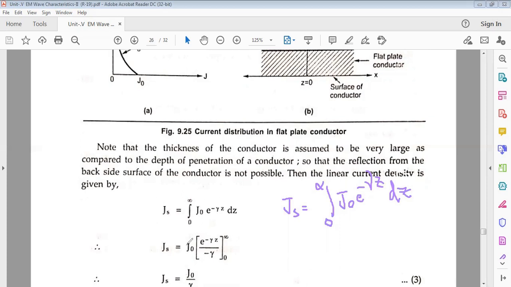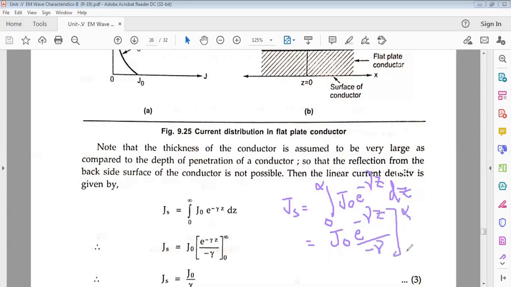The surface current density Js is equal to the area under that J naught into e power minus gamma into Z dz. So with respect to Z, we are applying the integral, and the limits are from 0 to infinite. J naught is the constant, e power minus gamma into Z, and the Z coefficient is minus gamma.